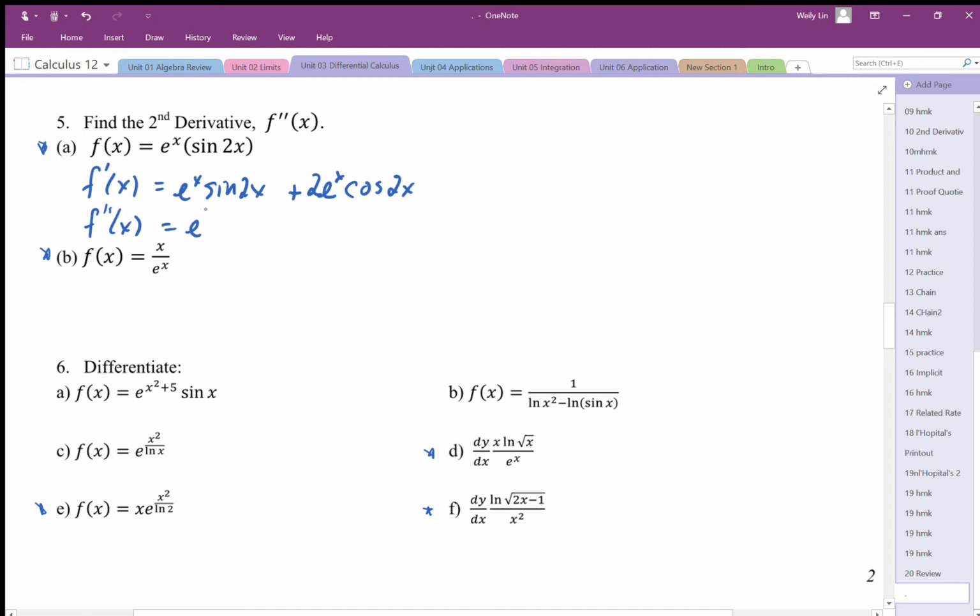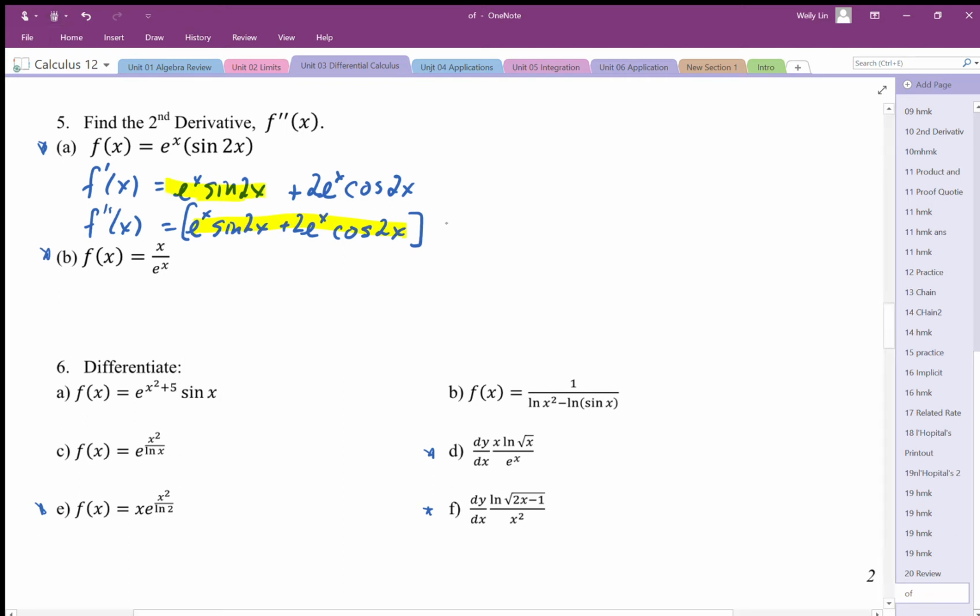We're going to use product rule: e to the x sine 2x plus e to the x cosine 2x times 2. So that part there represents the first part derivative, and then I need to differentiate the second part.